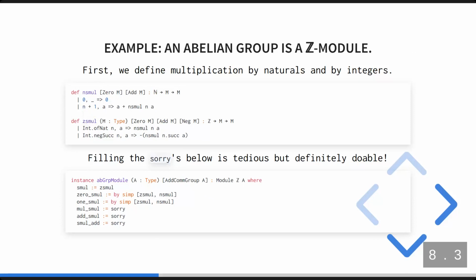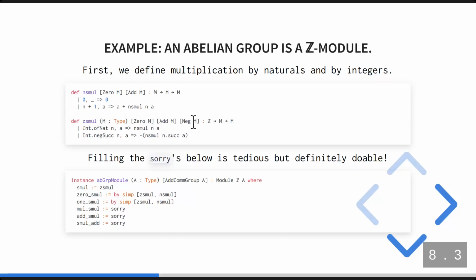This 0 and anything will give you 0, and then the n plus 1 term times a is the same as a plus n times a. So that's multiplication by natural numbers, and then you need to define the multiplication by integers.